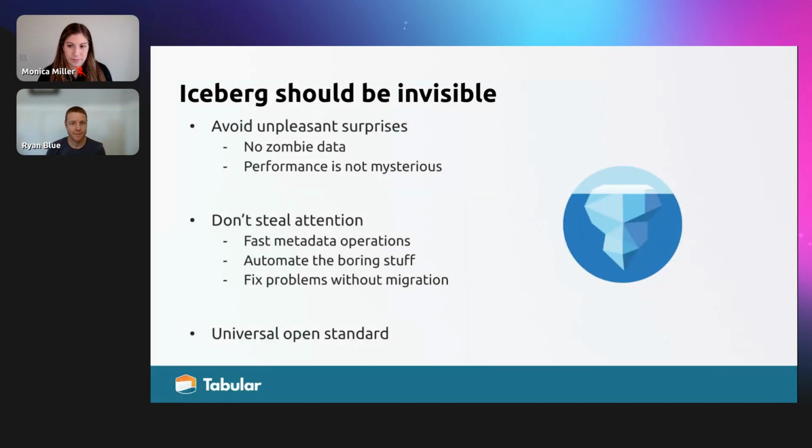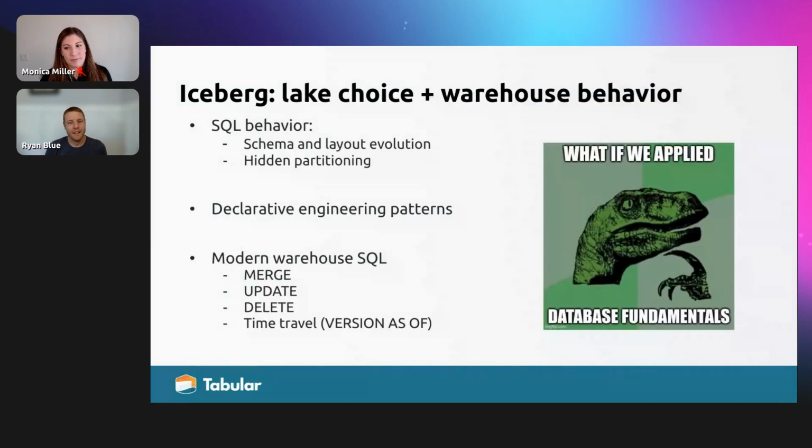Next slide. So Iceberg essentially delivered, and I think I talked about this a little ahead of myself, but it took the data warehouse behavior, the reason why you would go and use something like Snowflake to get that SQL behavior, to get very reliable tables, and it brought all of that into the data lake world.